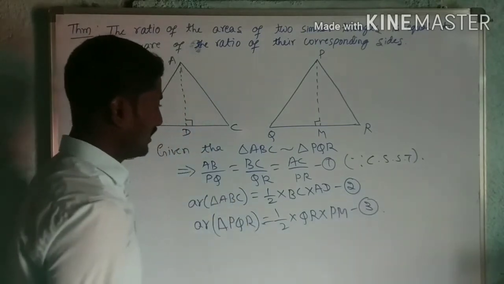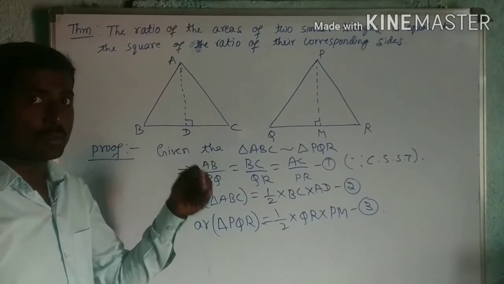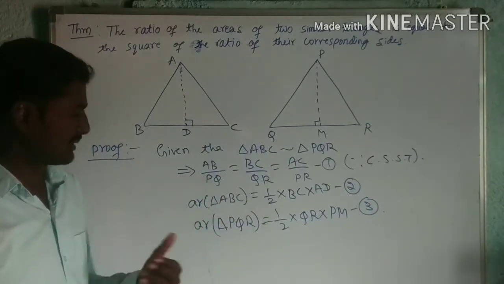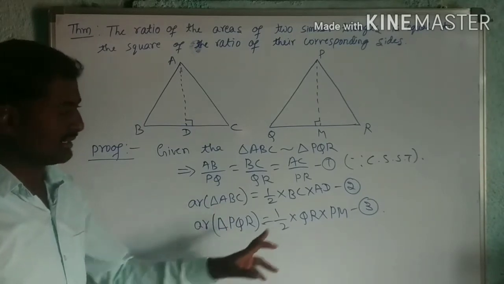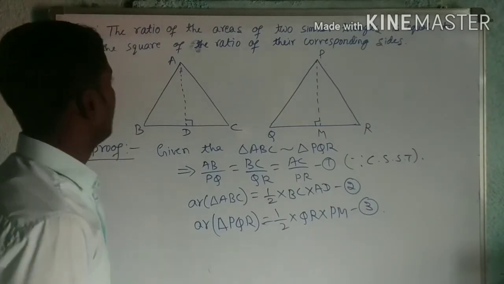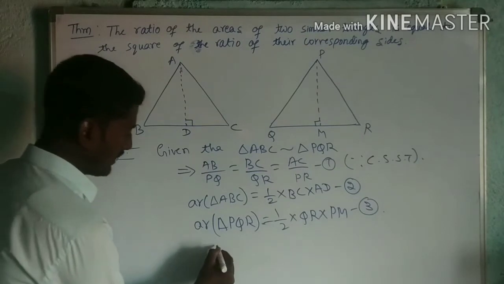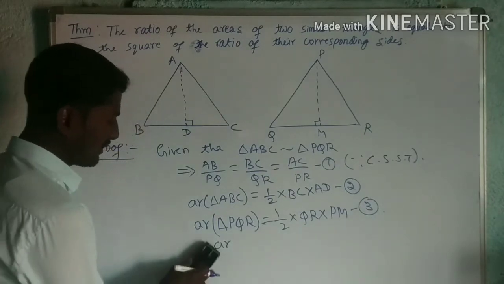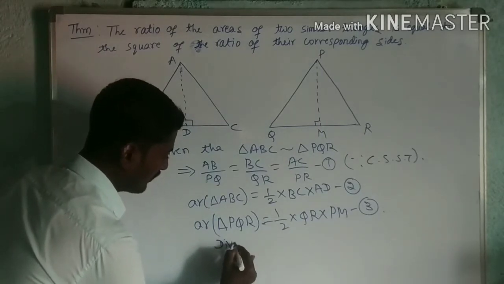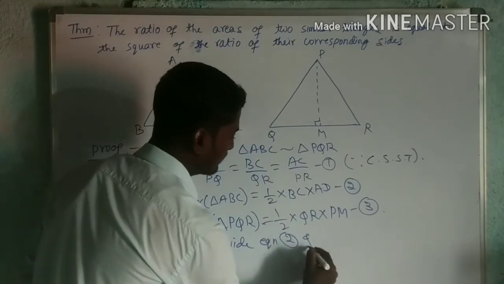Now what do I want on the left side? You can see in the proof what I have written: area of triangle ABC divided by area of triangle PQR. It means I have to divide these two areas, that is, divide equation 2 and equation 3.